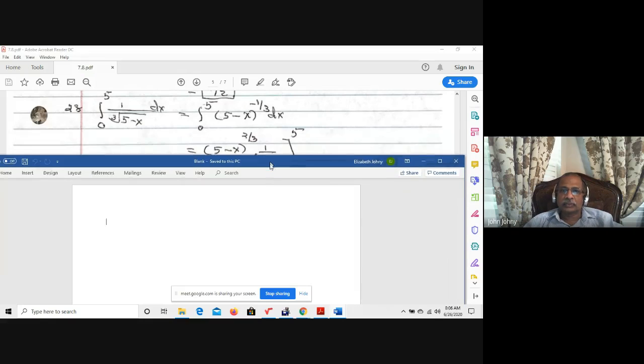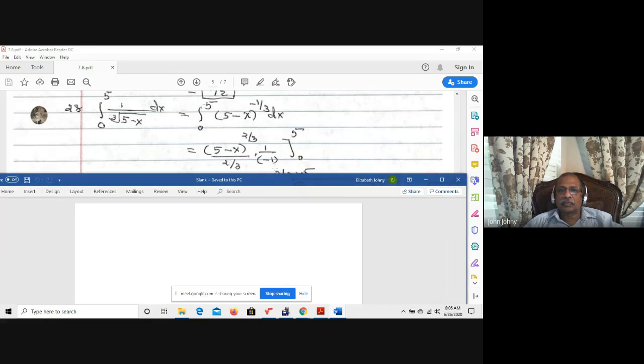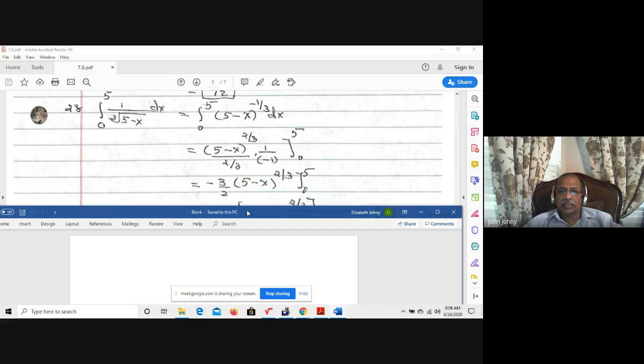That is equal to (5 minus x) to the power of negative 1/3 plus 1, which is 2/3, divided by 2/3, times 1 over negative 1, because the coefficient of x is negative 1. Now substitute the limits: negative 3/2 times (5 minus x) to the 2/3 from 0 to 5.